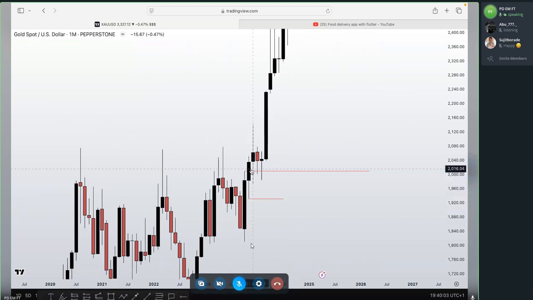So this is the inefficiency. Let me draw it. This is what happened. Price goes up, comes down, goes up again, and comes down. So this is the pattern. So your stop loss should always be somewhere around here.